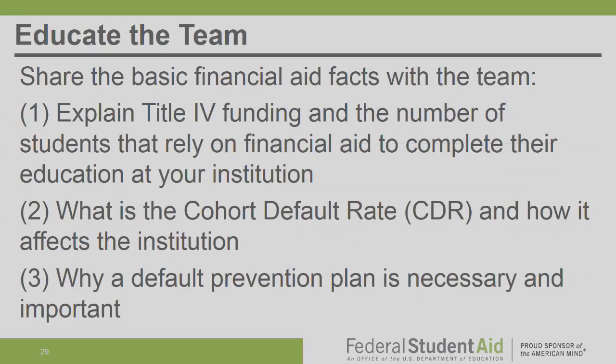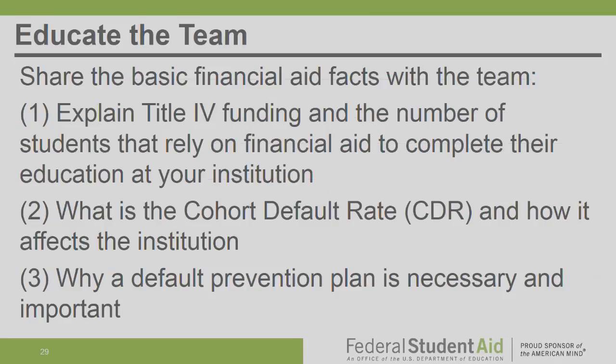So the first task for your team is you want to share the basics with your team. You want to make sure, if you are actually facilitating, you want to explain why a high default rate could impact your school. That students rely on financial aid, and if that is removed, how many dollars you are going to lose from your institution if you lose your ability to administer Title IV.